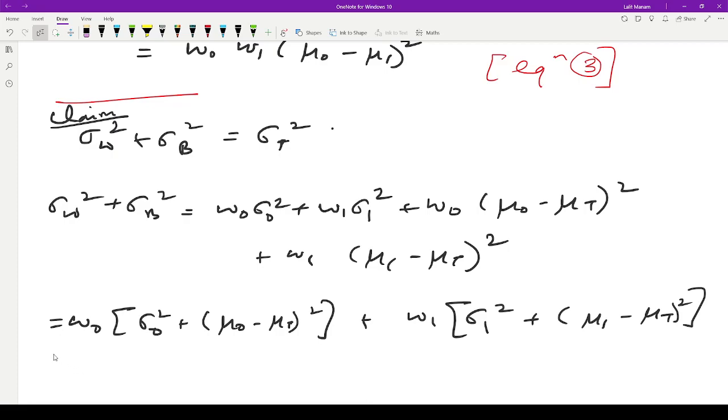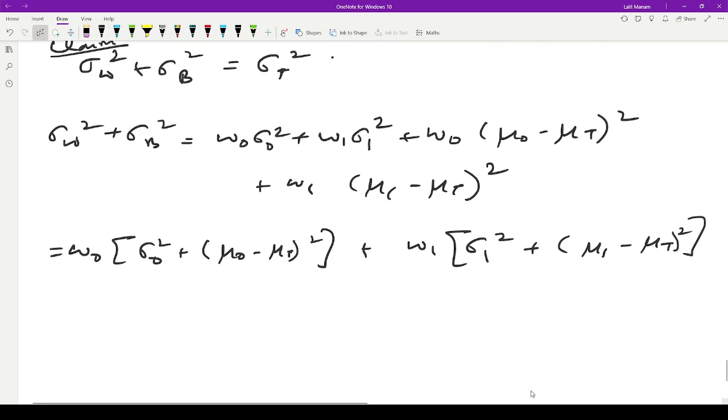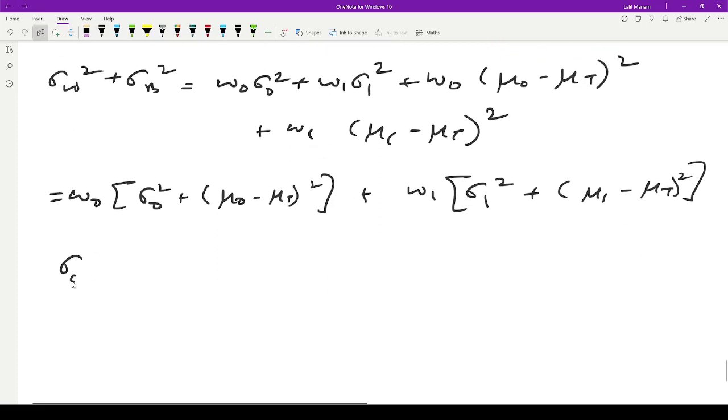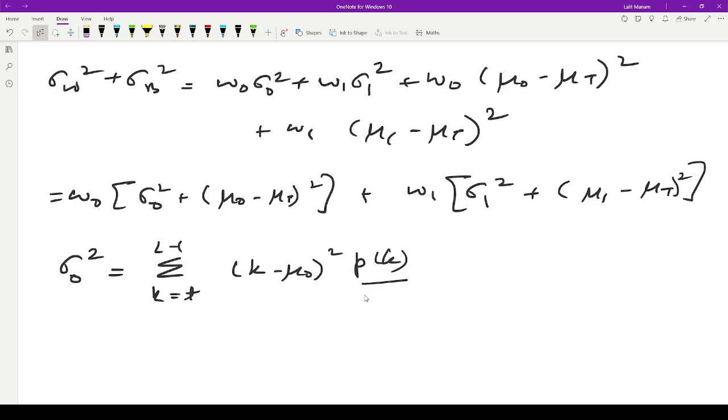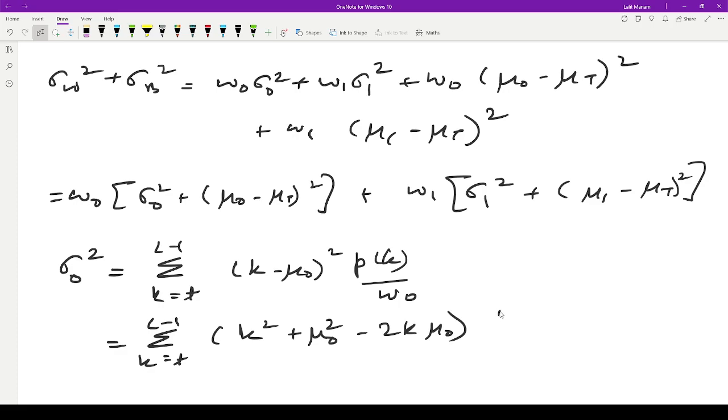Okay. So where are we heading to? Okay. So we'll first look at sigma naught square properly, which will lead us to an interesting expression. Summation over k equals t to L minus 1, k minus mu naught whole square, pk upon w naught. So if we expand this quadratic thing inside, which will give us k square plus mu naught square minus 2k mu naught times pk upon w naught.